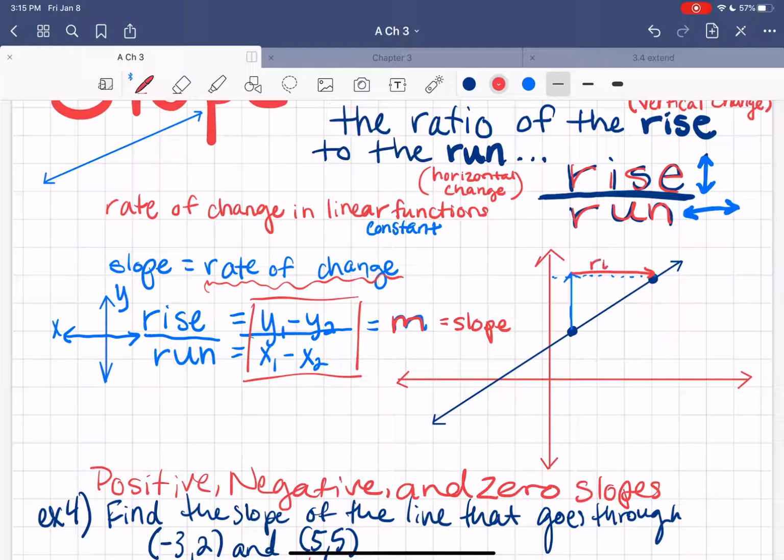So this is the run, this is the rise, so rise over run, and you would be using your x1, y1, x2, y2, and it lines up perfectly with this. Very cool, very interconnected. We've got lots of different ways that we can express slope because it's so important and so cool, okay?